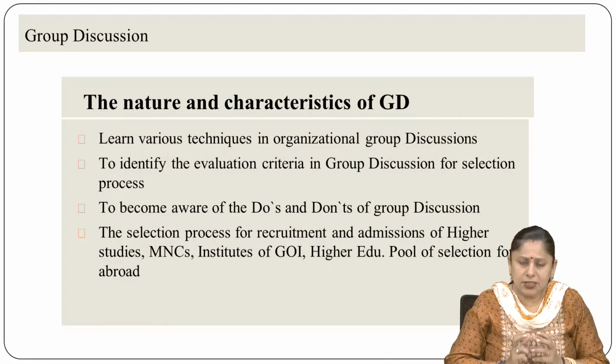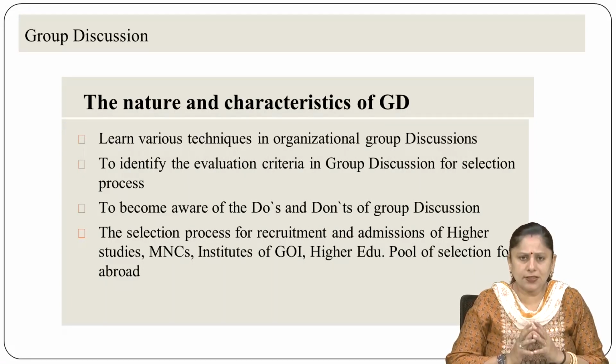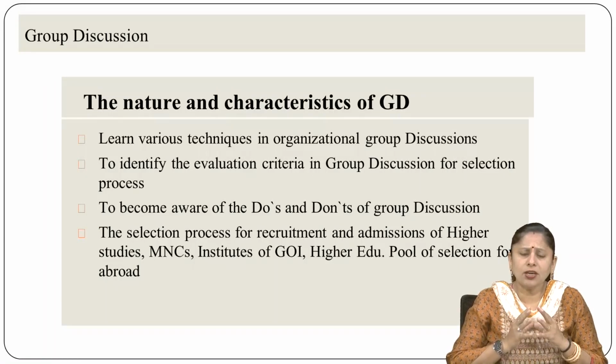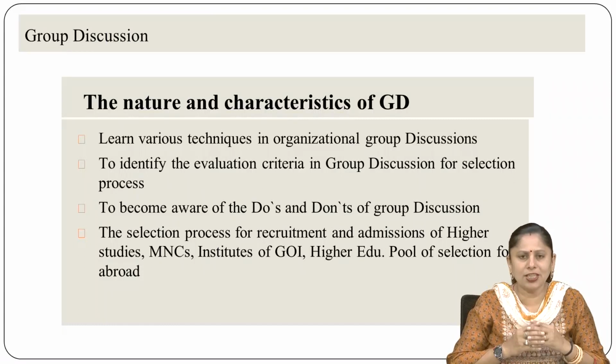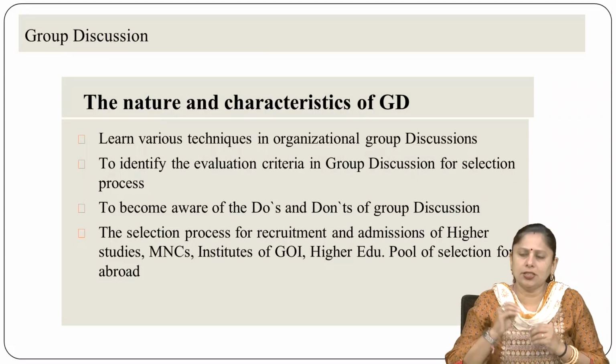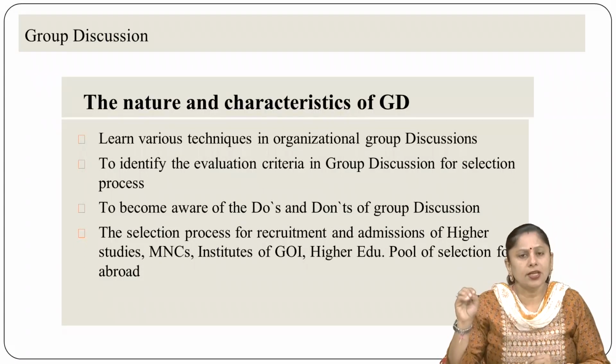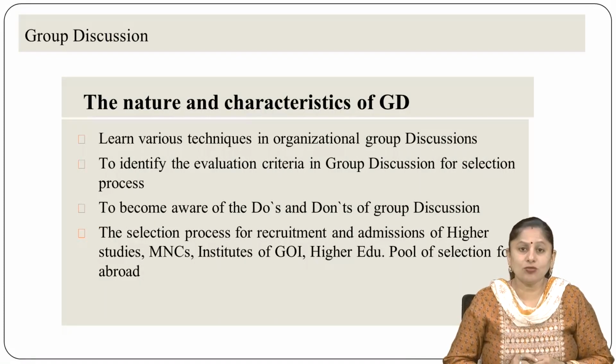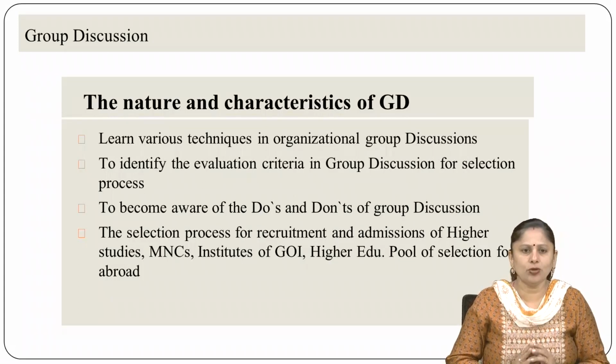Is it a team discussion, or is it a discussion between two or more than two people? What is its utility genuinely in the organization or in the multinational companies or in the academies or institutions? So let's understand first what is the definition of group discussion.